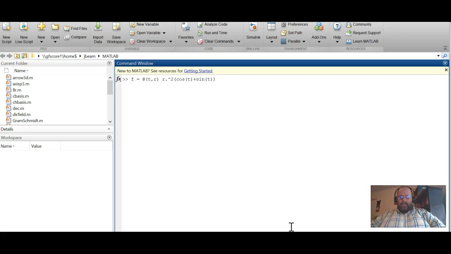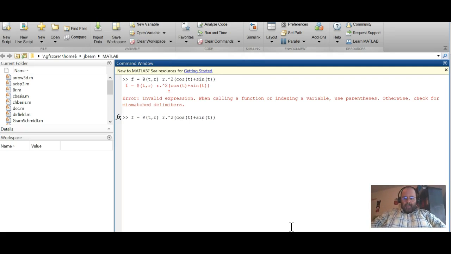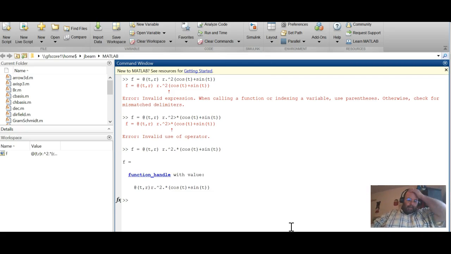No, it's, yeah, x is r, so r squared cosine theta times sine theta. And then, whoop, it wants a times there. Times. There we go. Now, I'm not so good with the typing today. Times. There it is.